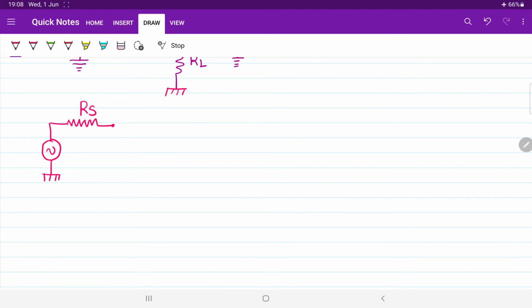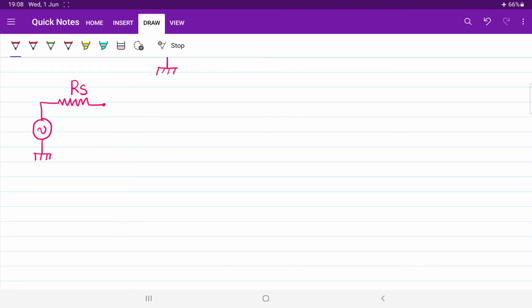But as I told you, we have to express it in terms of hybrid model. How will you express it in hybrid? It can be written as HIE. Here it is going to be the emitter terminal. Here we have to connect our current source, and the current source can be written as HFE into base current IB. After that, this is going to be your collector terminal.